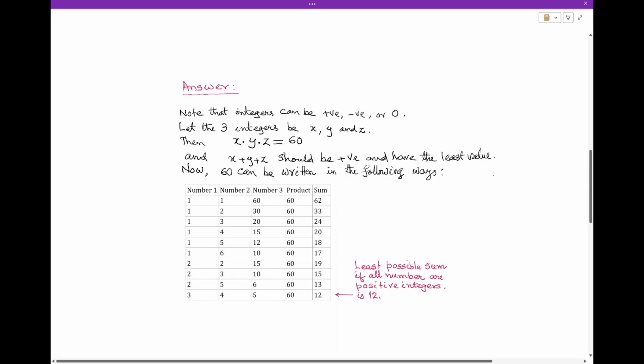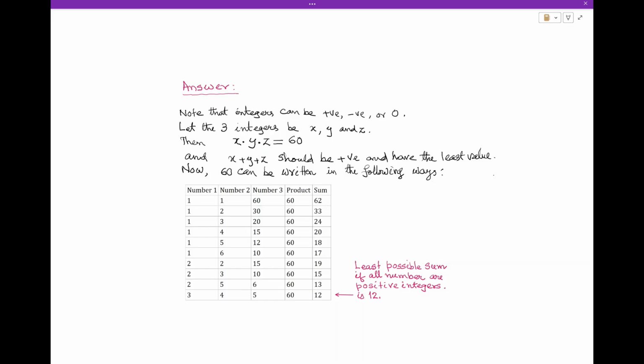Now coming back to the problem, note that the integers can be positive, negative or 0. Let the three integers be x, y and z. The product will be 60. x into y into z is equal to 60.